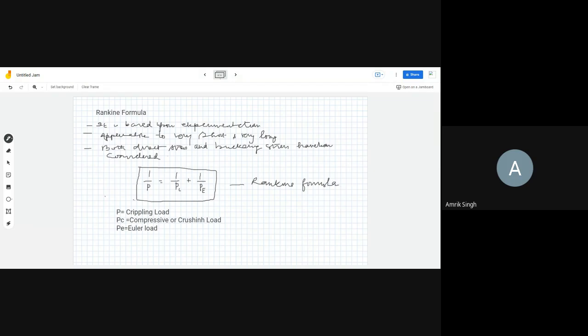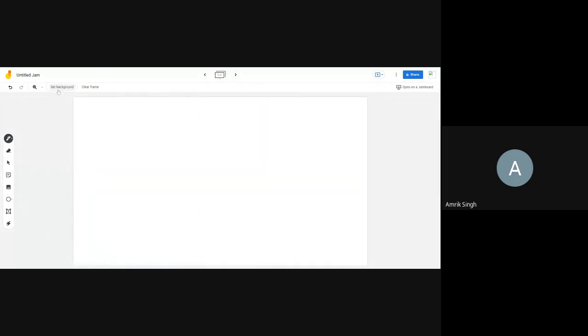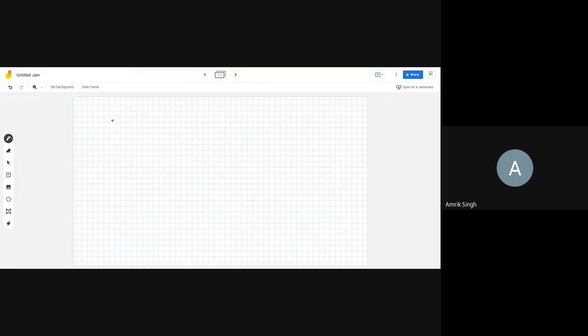So we'll slightly modify this formula and we'll say PC is equal to sigma C into A. Sigma C is the yield stress or compressive stress.